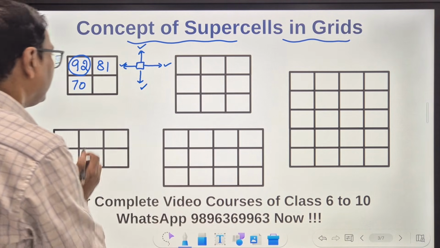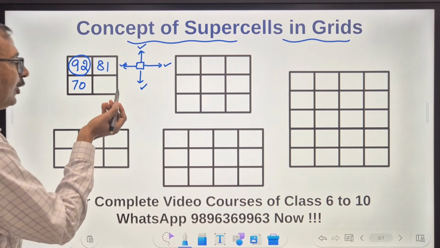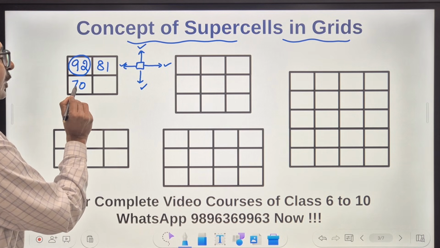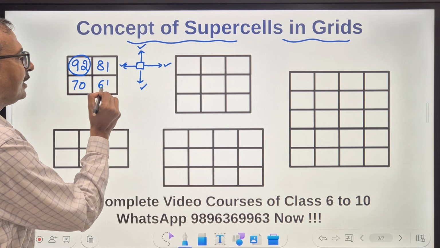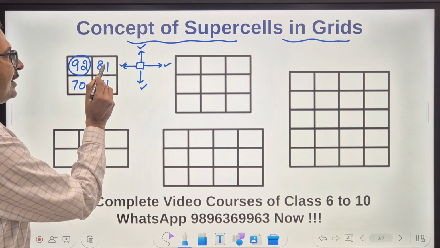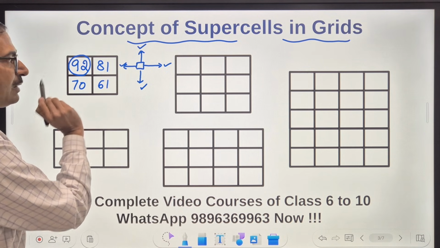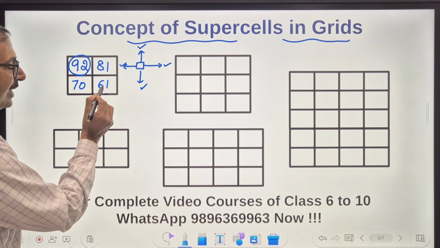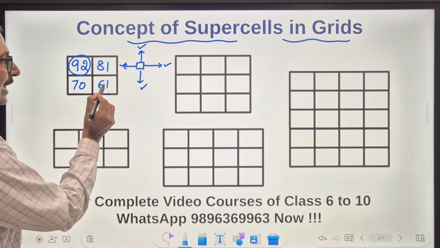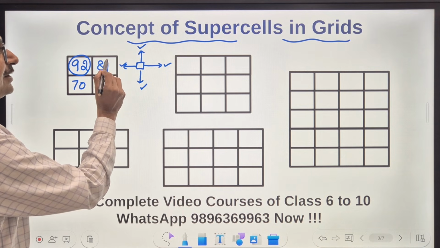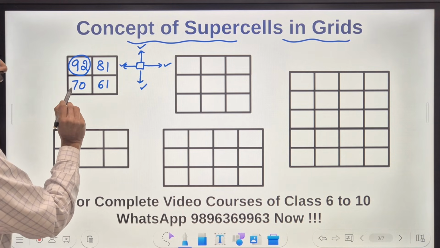Now this one can be a supercell or may not be a supercell. If I write a number which is smaller than 70, say 61, now this one is not a supercell because its neighbor is higher than 81. This one again, can it be a supercell now? Because the top neighbor is greater, this is not a supercell. How about this?